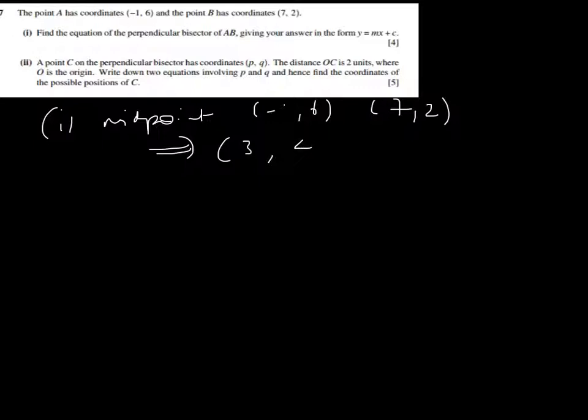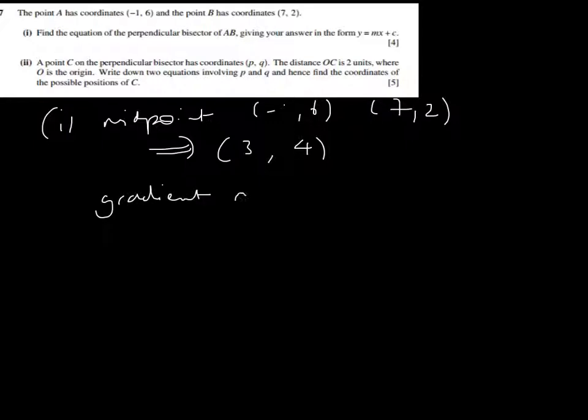So we need to know what the midpoint is between those 2 points, so between -1 and 6 and 7 and 2, and so the midpoint for that one is going to be halfway. So it's going to be the point (3, 4). We also need to know the gradient of the original line so that we can find the gradient of the perpendicular.